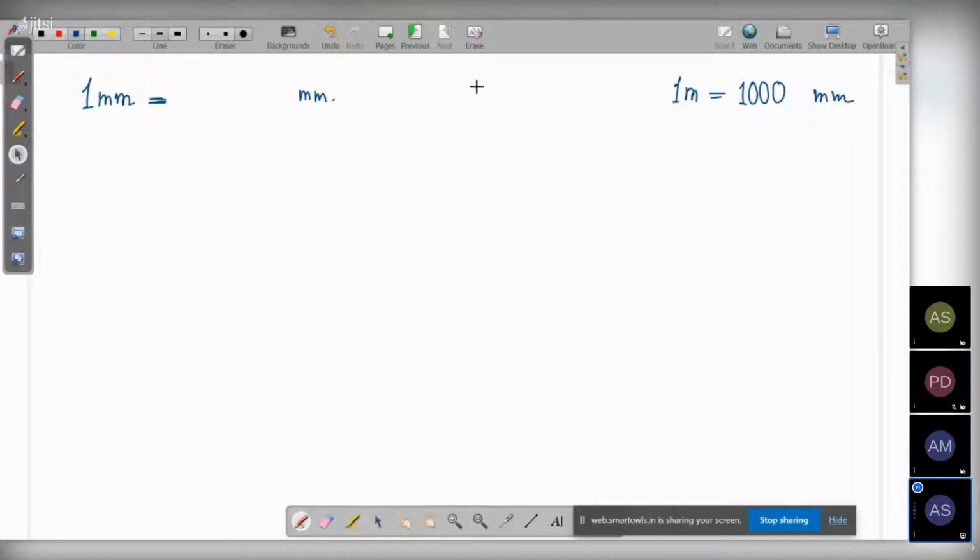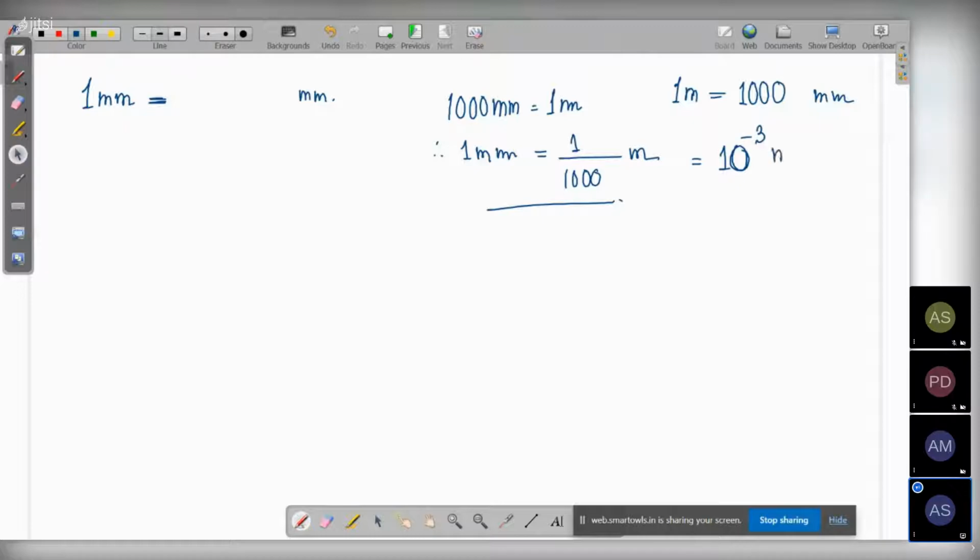Yes, 1 by 1000. 1000 millimeters is equal to 1 meter. Therefore, 1 millimeter is equal to 1 by 1000 meter. That is 10 to the power of minus 3, because 1000 is 10 to the power of 3.